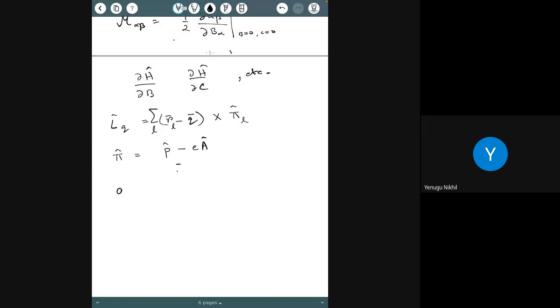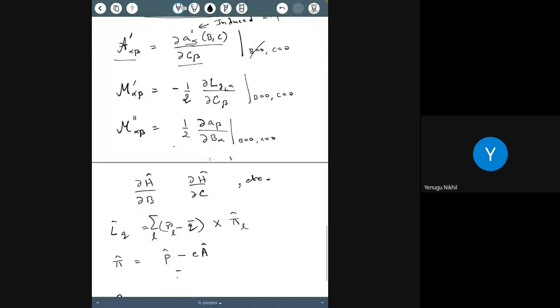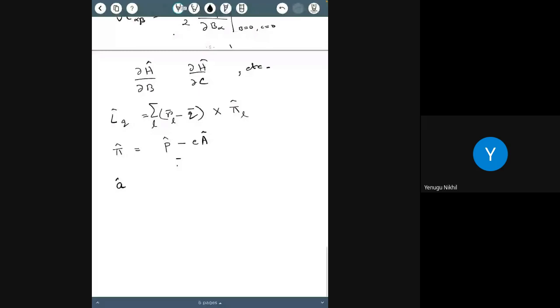Next one is the A operator. So if you want to compute this A prime alpha, you have to take an expectation value of the A operator. So what is the A operator? Again, we have to sum over the electrons now.